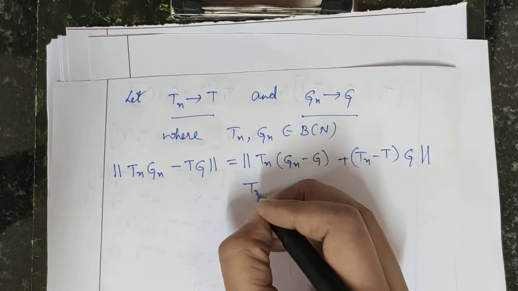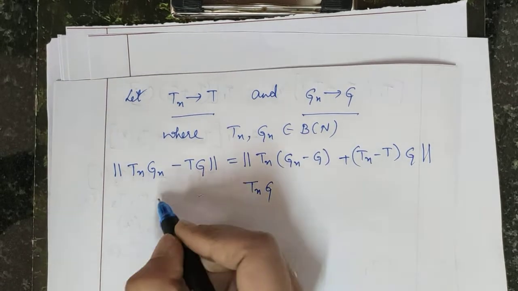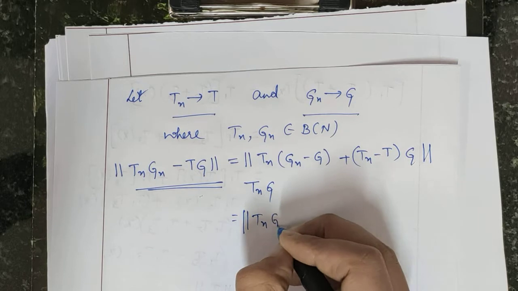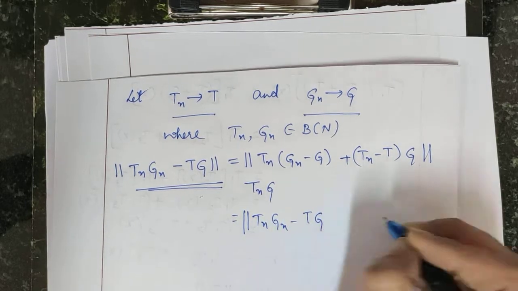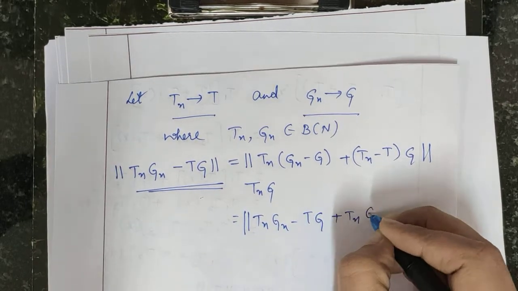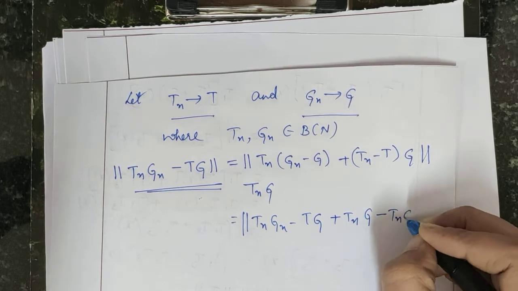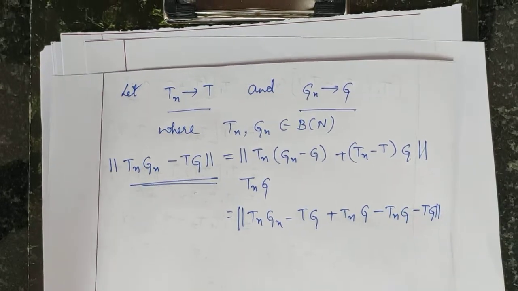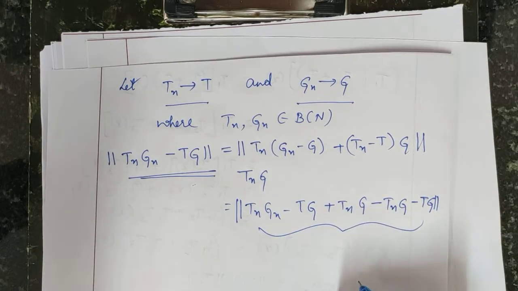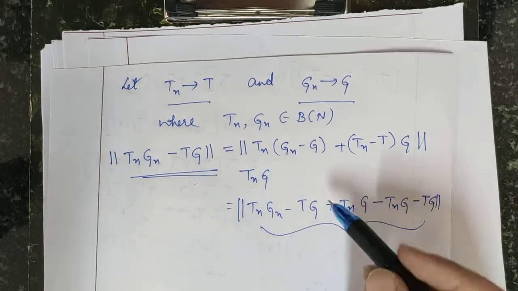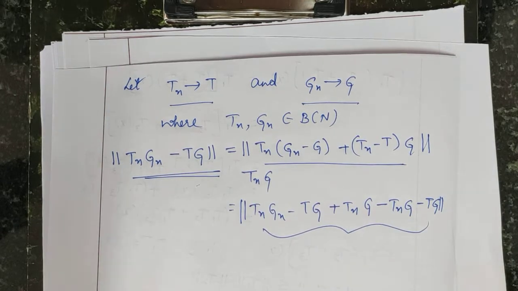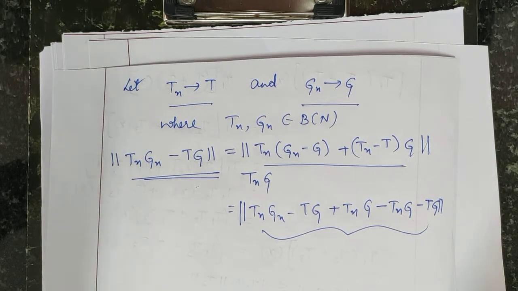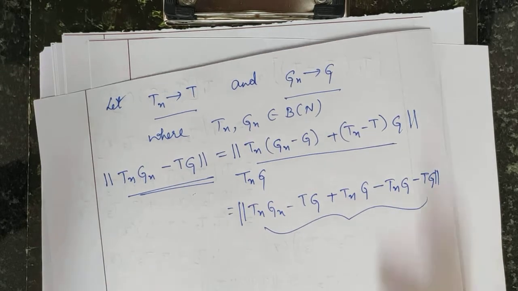That means this can be rewritten as norm TnGn minus TG plus TnG minus TnG. If you group the terms and take common, you will get it this way. The same procedure we applied when we proved one of the theorems in your remark, if you remember.